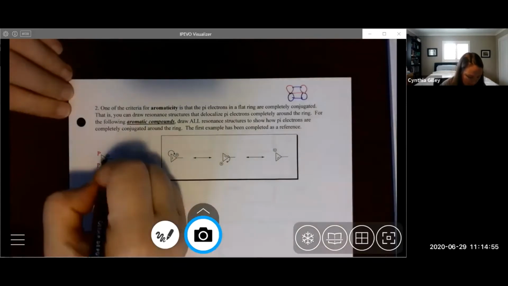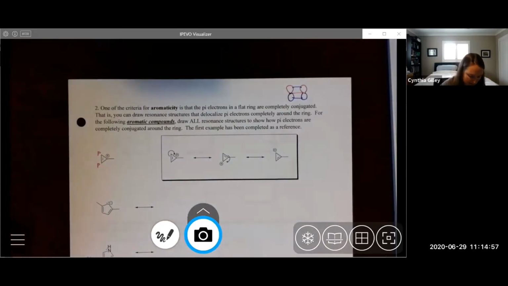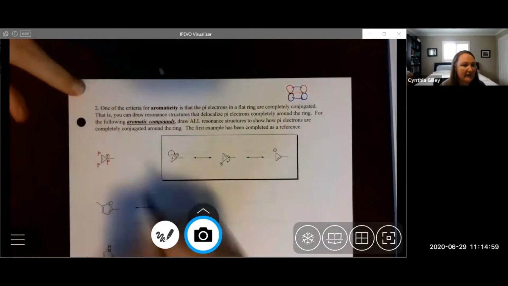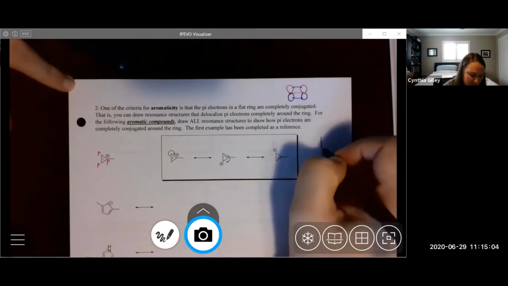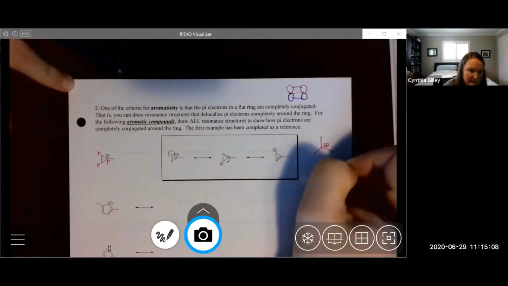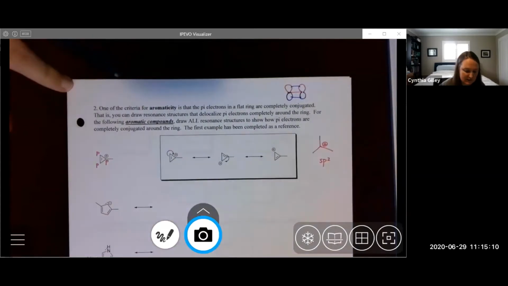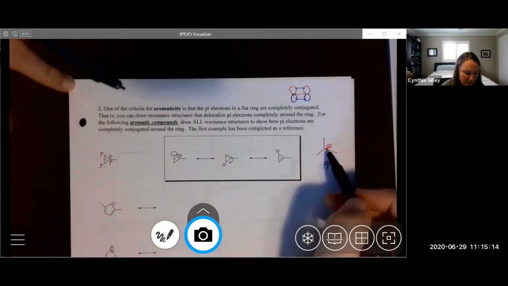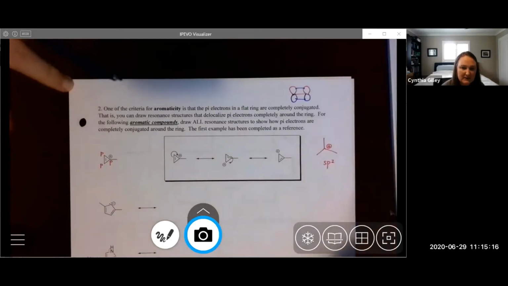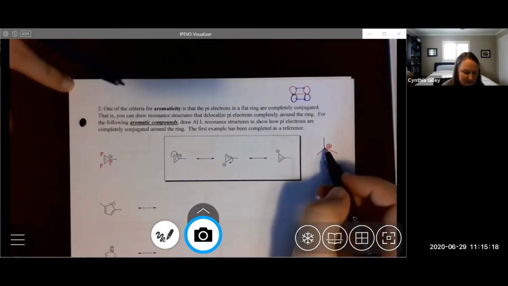Whenever you see a carbocation, there is also a p orbital at that carbon. Because remember, a carbocation is really sp2 in its hybridization. So it's using its 3 sp2 hybridized orbitals to make sigma bonds. And then it has an empty p orbital.